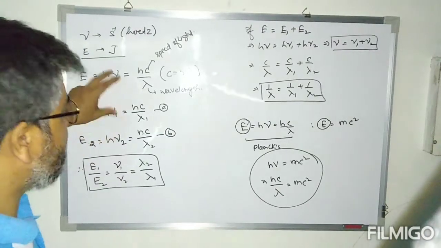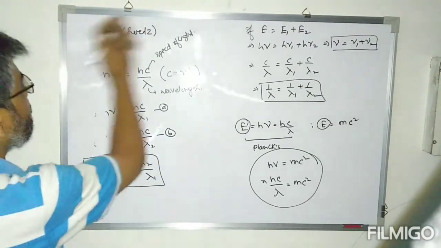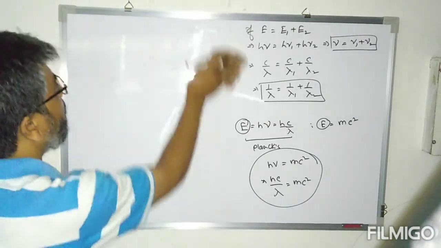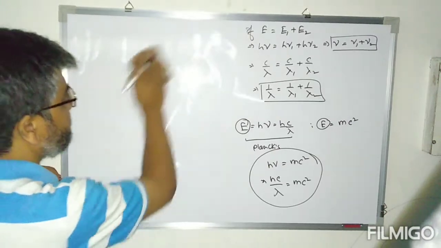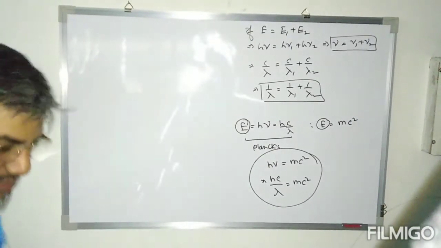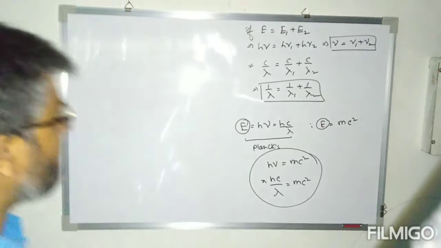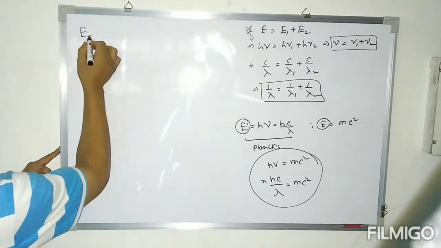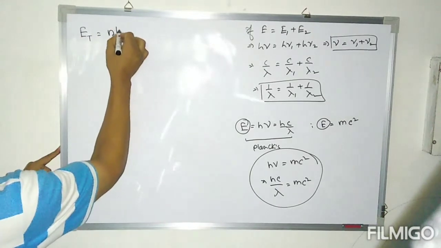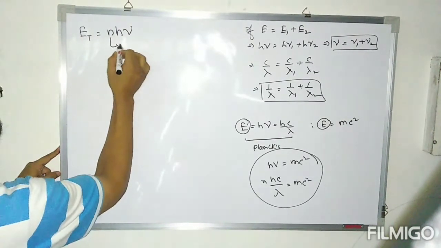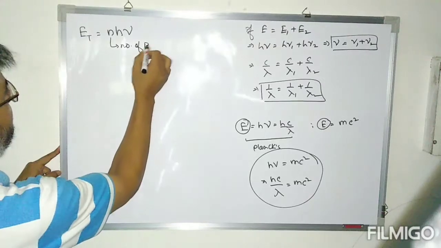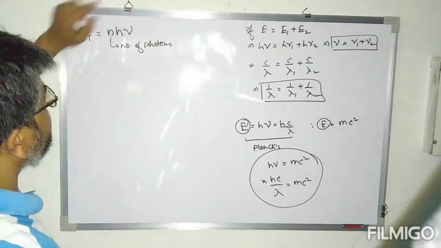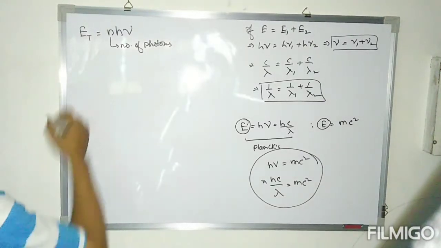This theory says energy is directly proportional to frequency or inversely related to wavelength, and the total energy is equal to n h nu. n is number of photons, h is Planck's constant, nu is frequency.